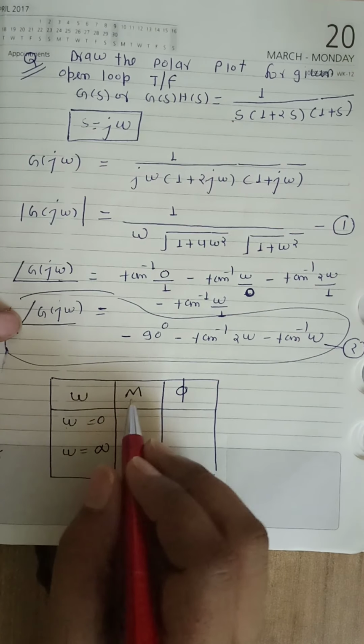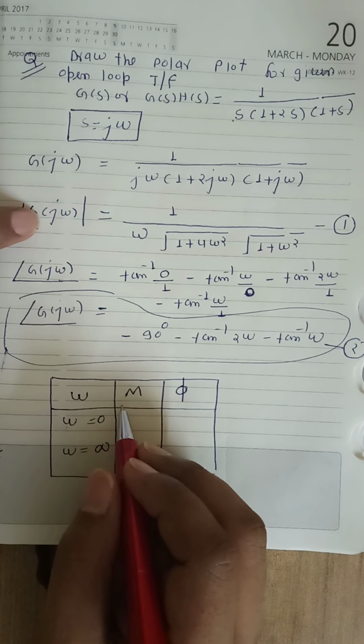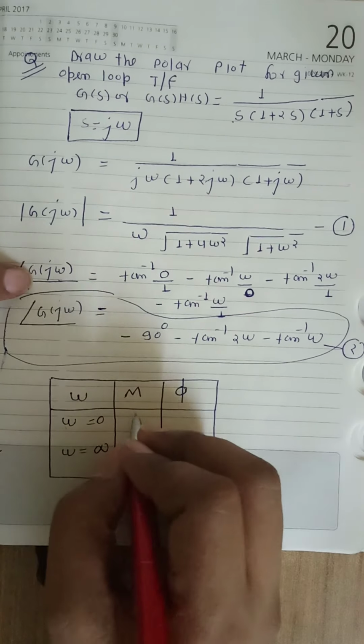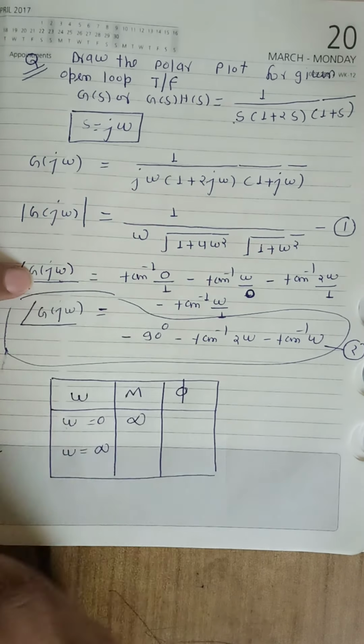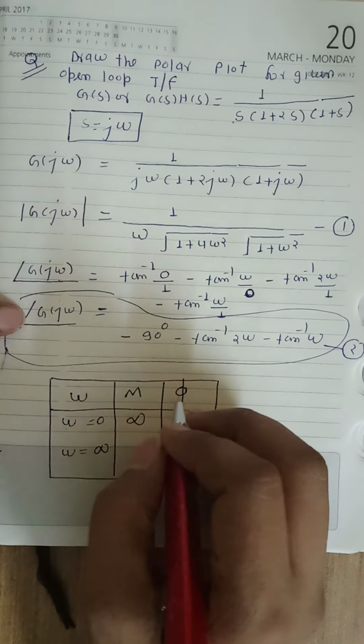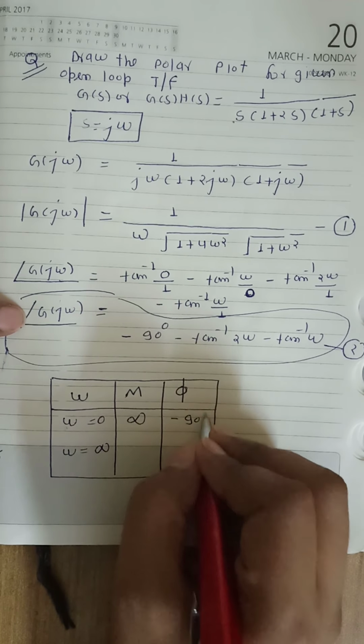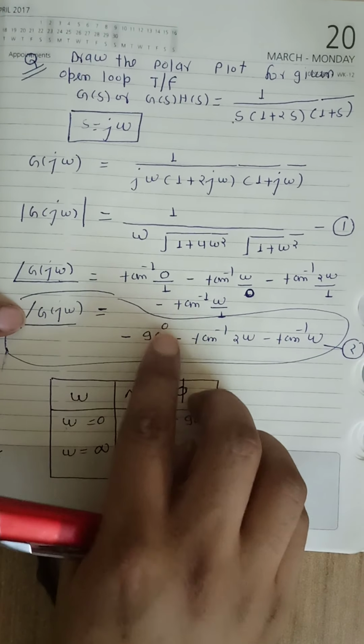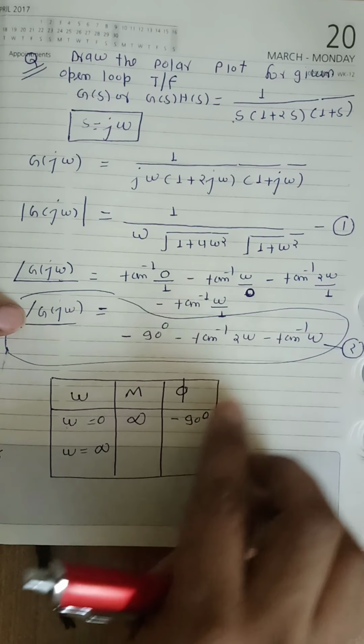So for omega equal to 0, from the first equation, magnitude becomes infinity, because 1 over 0 means infinity, and from the second equation, phase angle becomes minus 90 degree, that means minus 90 degree minus 0.